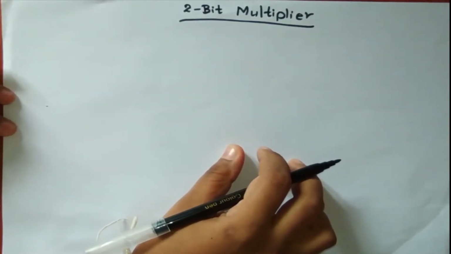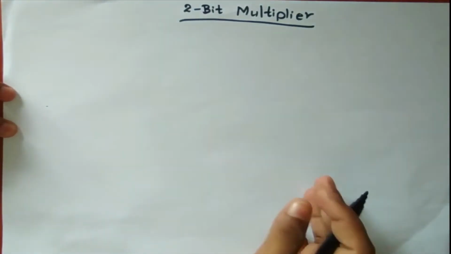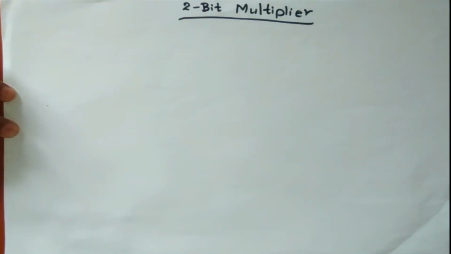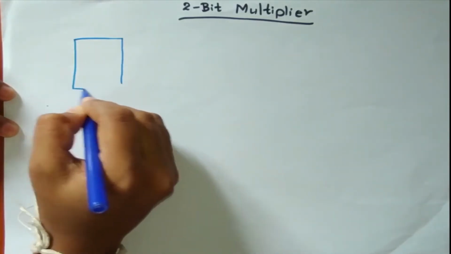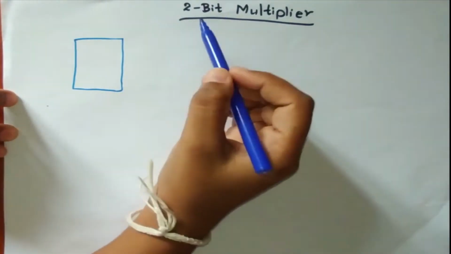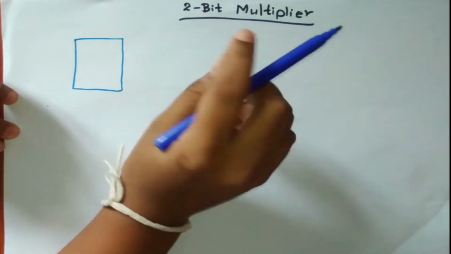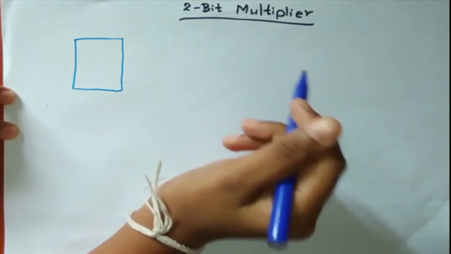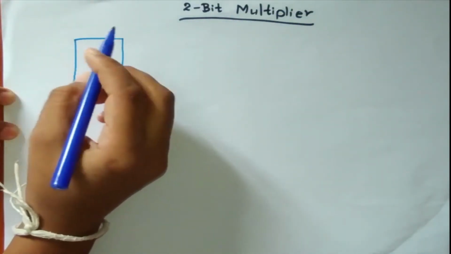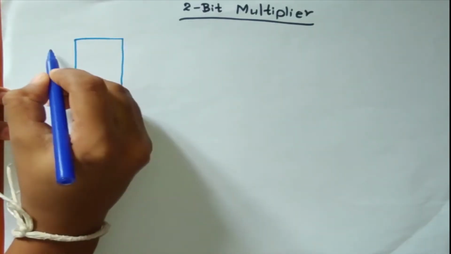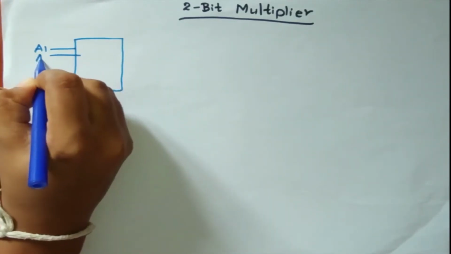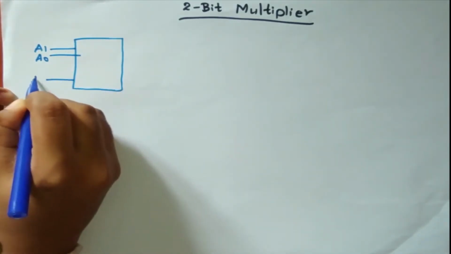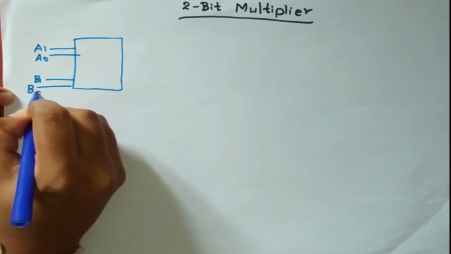Now we are going to describe the function of a 2-bit multiplier. So let's first draw this multiplier. As this multiplier multiplies 2 numbers that have 2 bits, this multiplier has 4 inputs, which are A1, A0 and B1, B0.